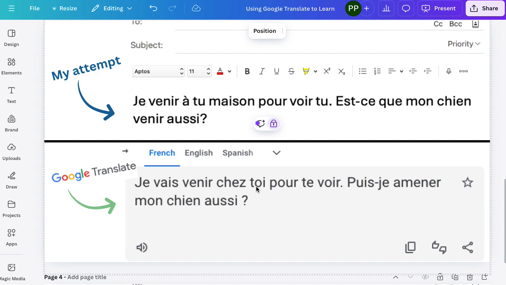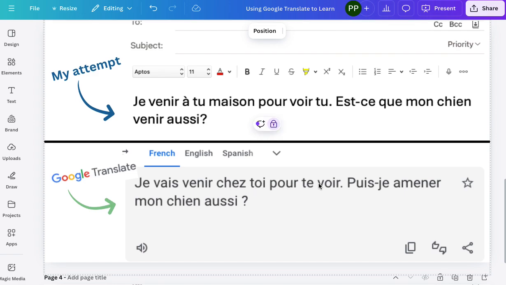And you might not understand why, but you might also think, oh, I have heard this before, this using the word chez to mean going to a place. So somebody's house, for example, I might say, je vais chez mon ami. I'm going to my friend's house. So that reminded me, yes, I need to use that word chez.